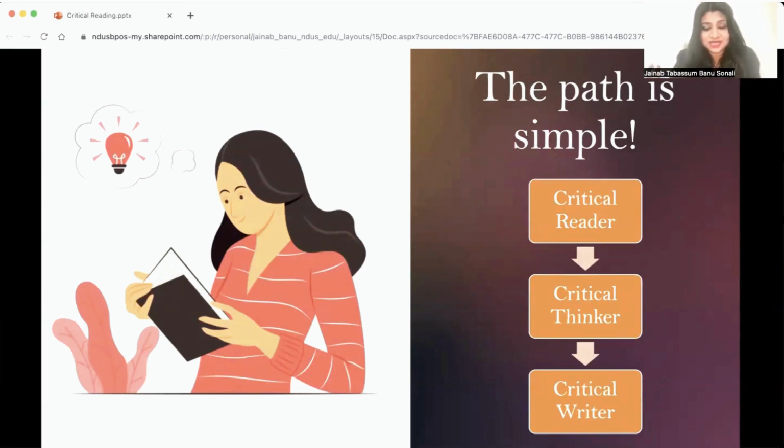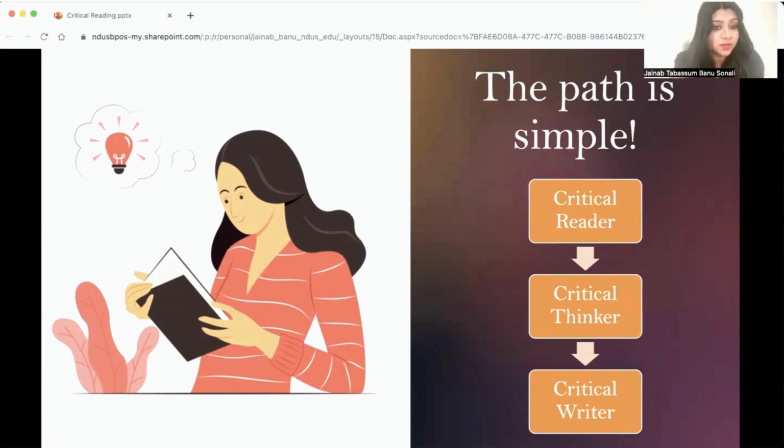That means reading is a receptive skill and writing is a productive skill. Reading and writing go hand in hand, so you need to do both. You cannot become a writer without really reading. So you need to develop critical reading skill to become a critical writer or a research-oriented writer.